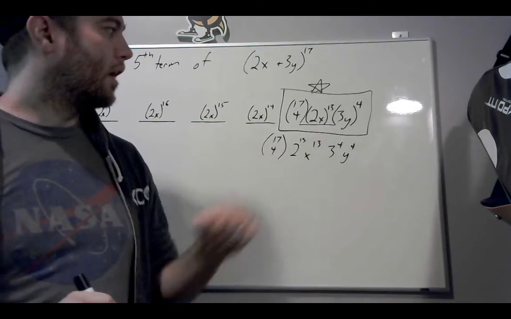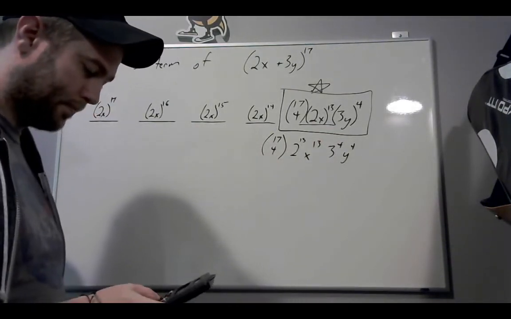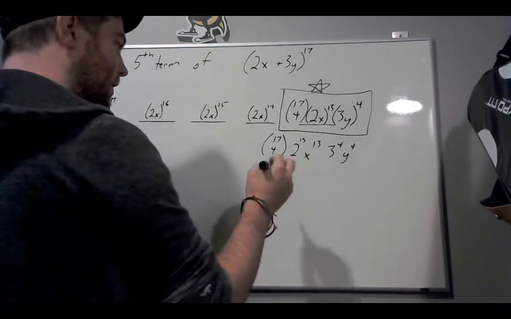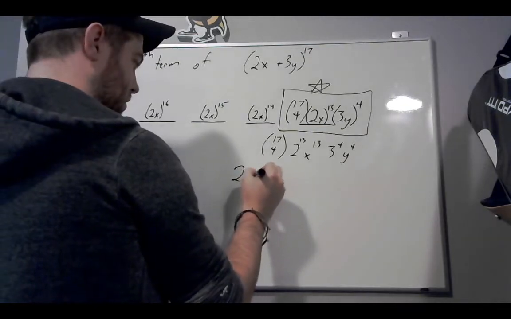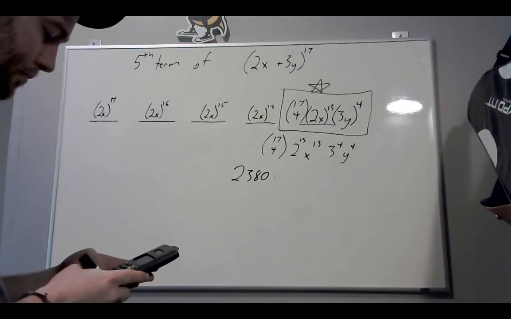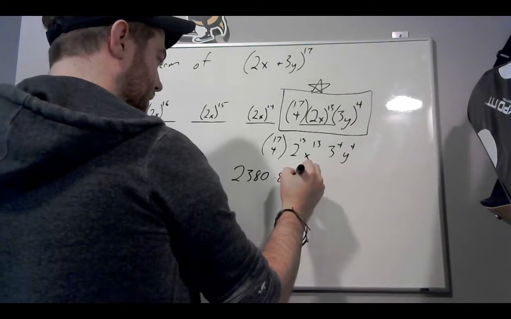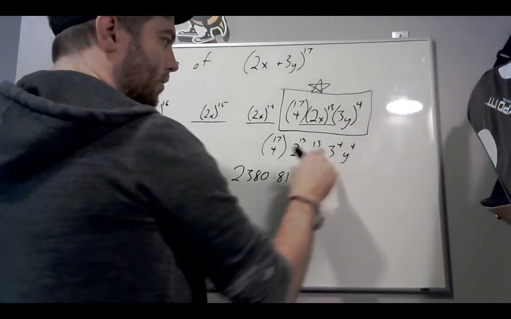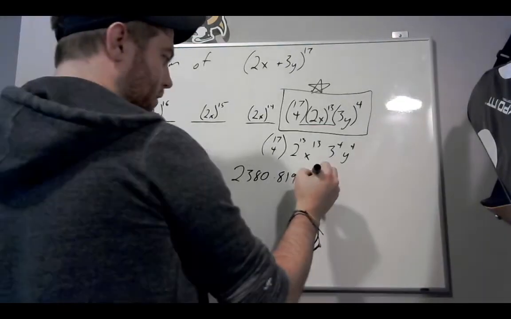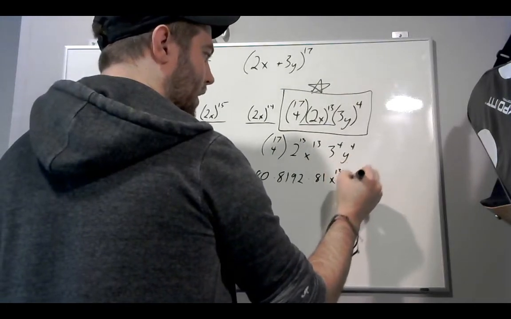So let's figure out each piece of these. So 17 choose 4 gives me 2,380. 2 to the 13th power gives me 8,192. 3 to the 4th, 81, times x to the 13th, y to the 4th.